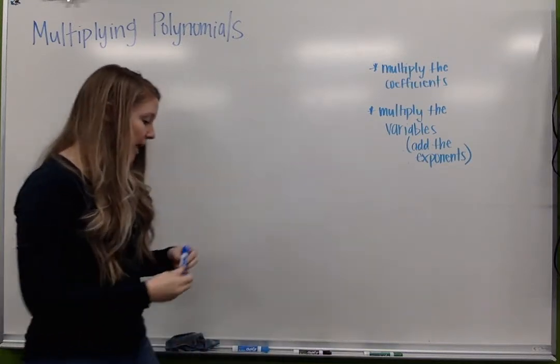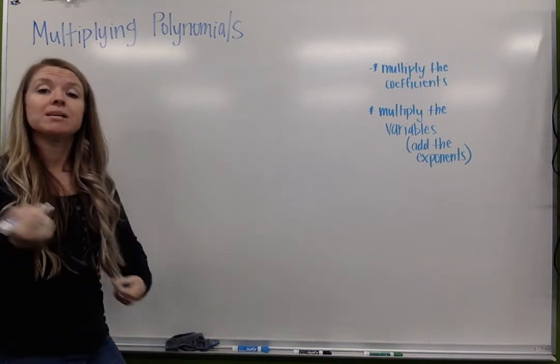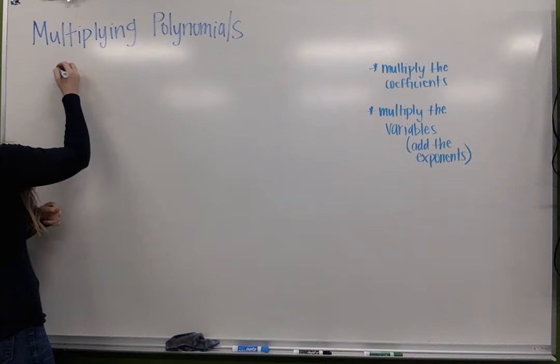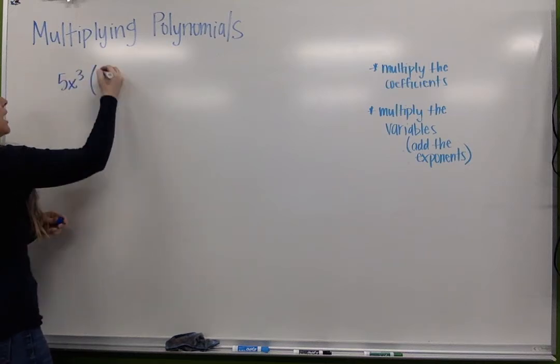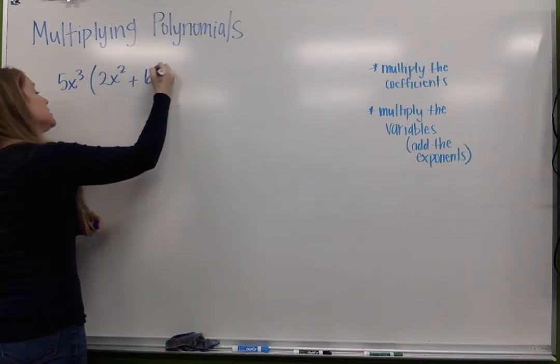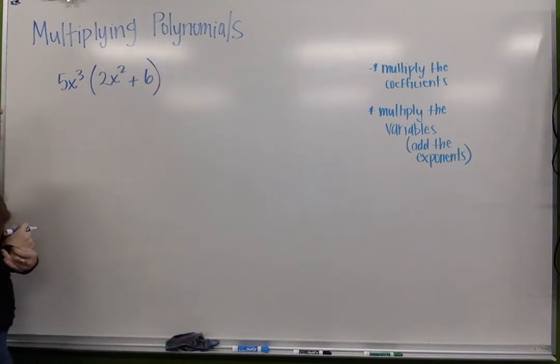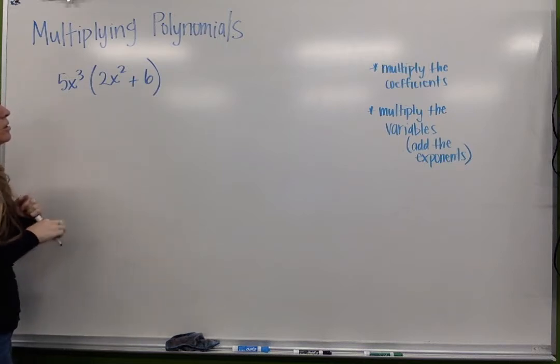So let's look at a harder problem. Now we're going to take a monomial times a binomial. Let's do 5x cubed times 2x squared plus 6.